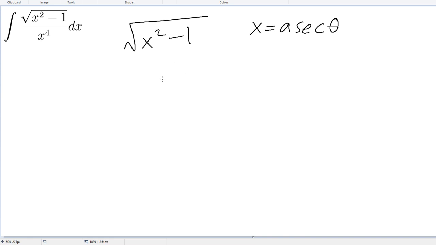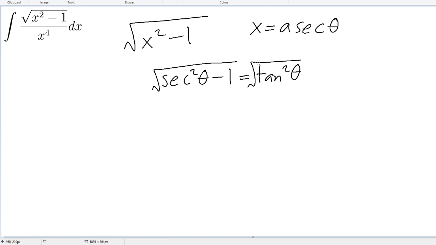The reason is because when I use secant, secant square theta minus 1 is equal to tangent square theta. So when we have something like that in a square root, it gets rid of the square root, so it'll just become a simple trig function.